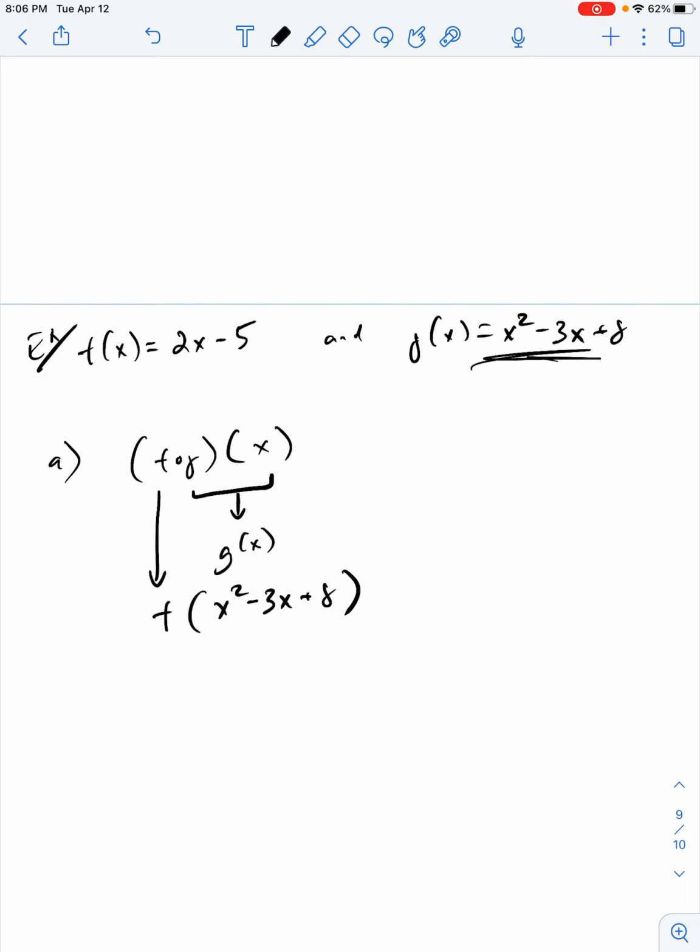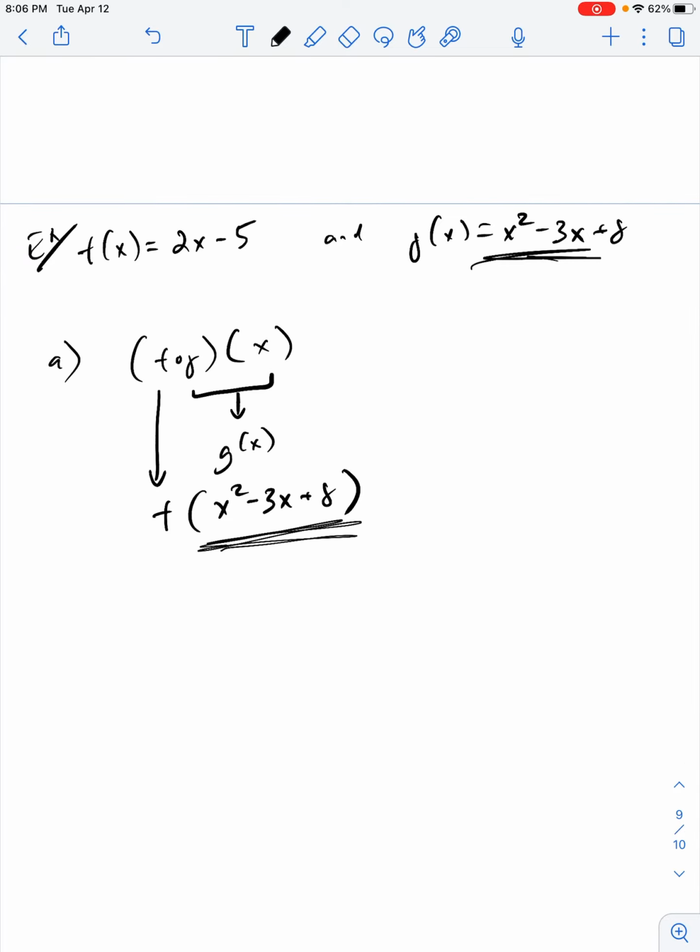Now from there we bring f down, which means this entire thing is going to go in our f function, specifically where x is at, right? So it's 2 open parentheses, x squared minus 3x plus 8, close parentheses, minus 5.